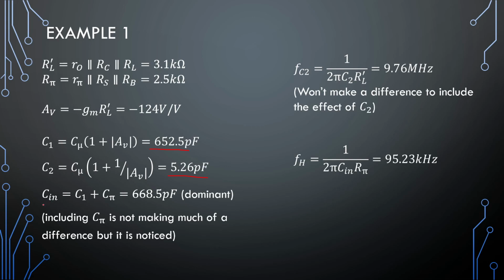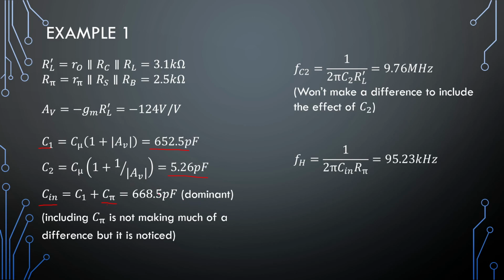Right, then we can define a new capacitance, C in, and we call that C1 plus C pi. So this value right here plus the C pi that we had, which is 16 picofarads, and we get 668.5 picofarads. And this will be the dominant pole in our equation right here.